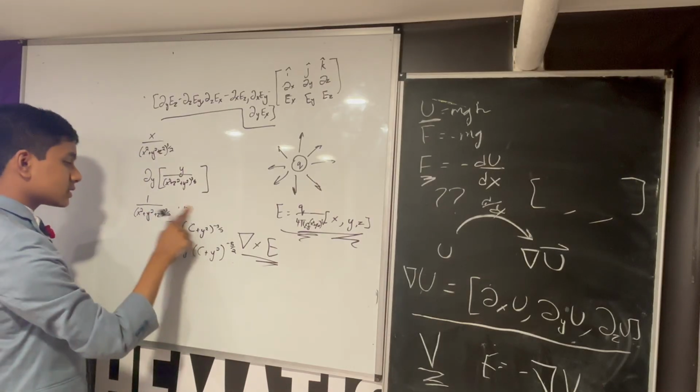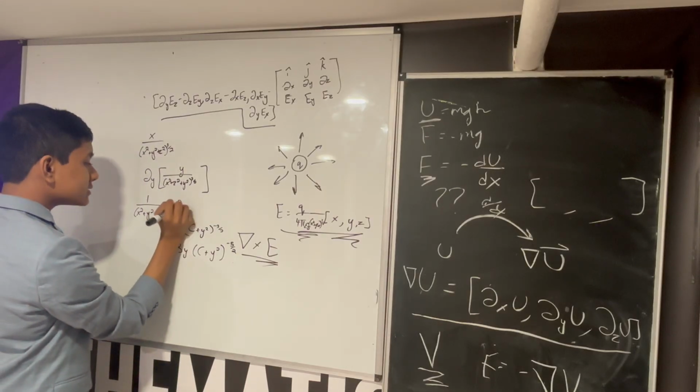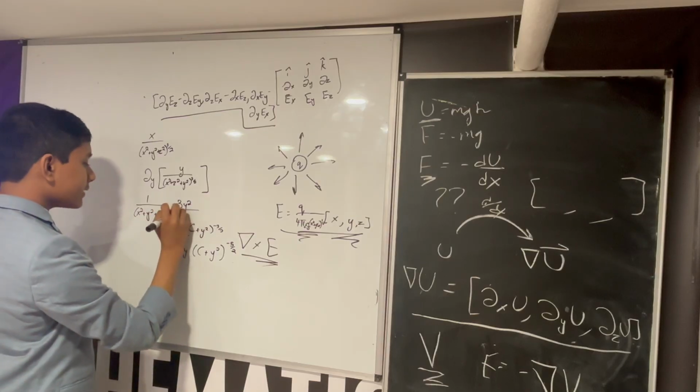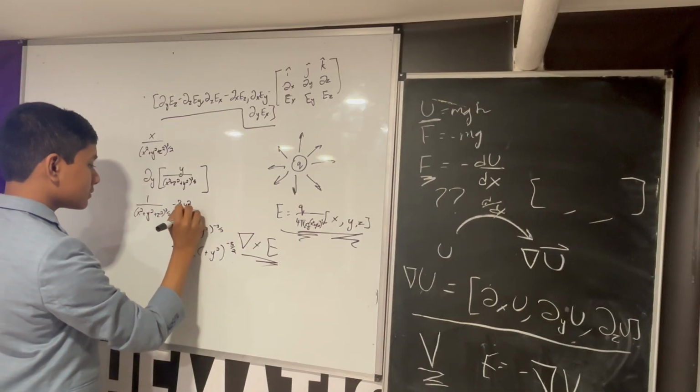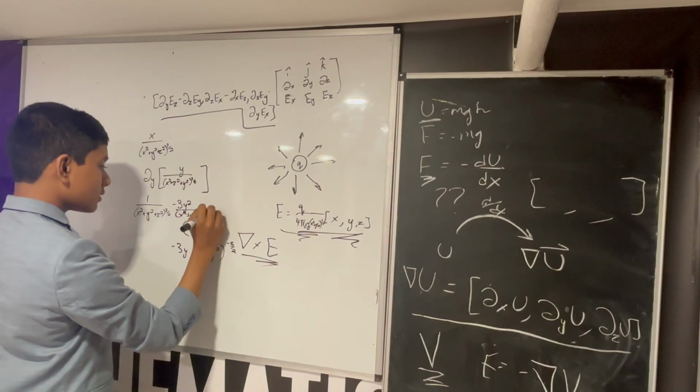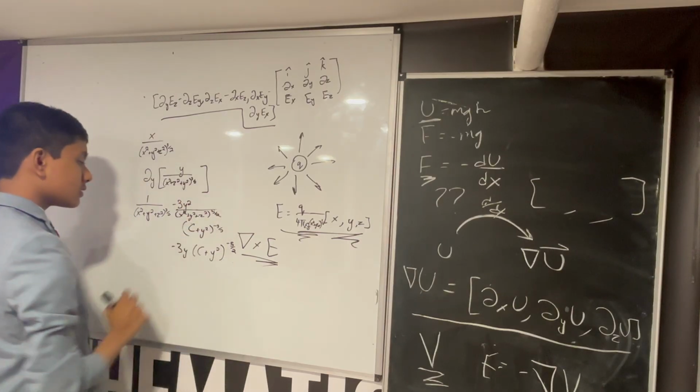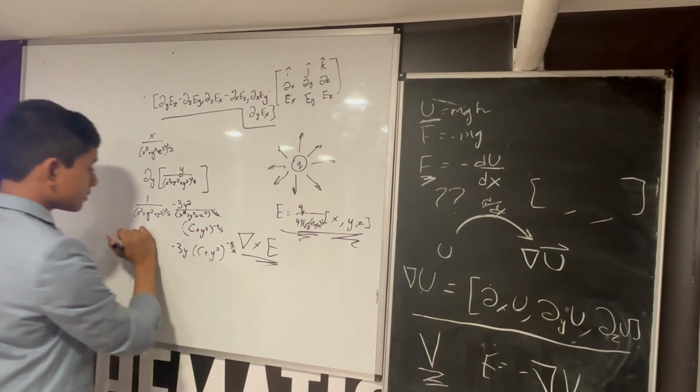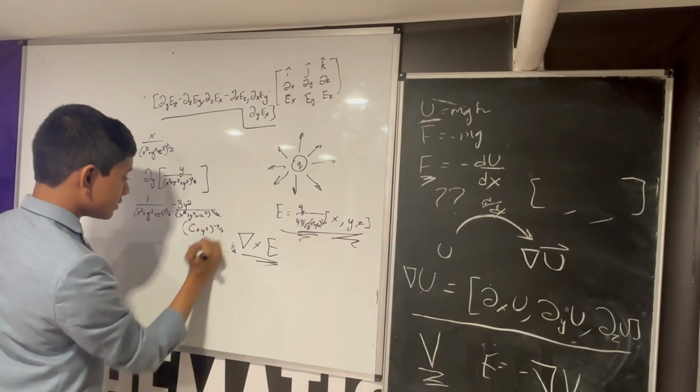So this becomes minus 3y² divided by the same thing to the 5 halves. All right, and what happens?